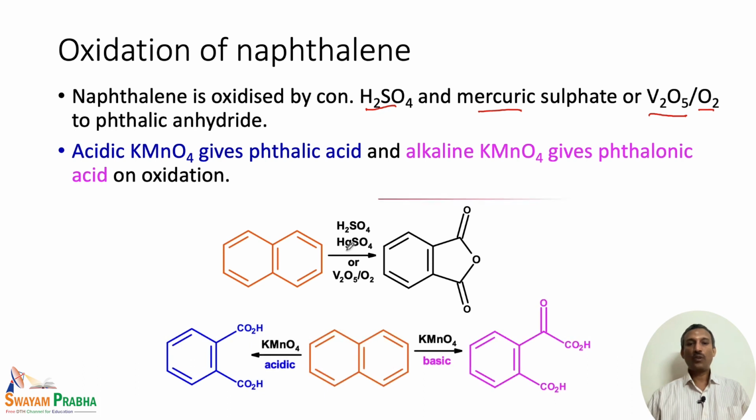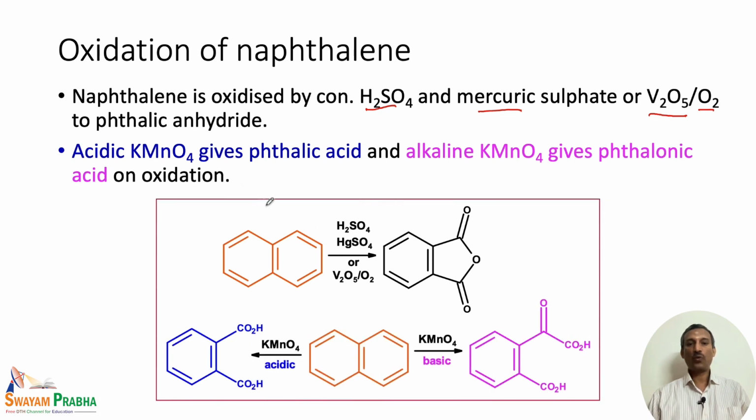And if you are using acidic KMnO4, that leads to formation of phthalic acid, whereas if we use alkaline KMnO4, that is basic KMnO4, for the oxidation, we end up with phthalonic acid. So there are two different products formed depending on whether we use acidic or basic KMnO4 for this particular oxidation reaction.